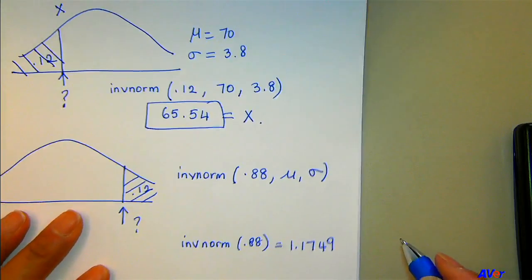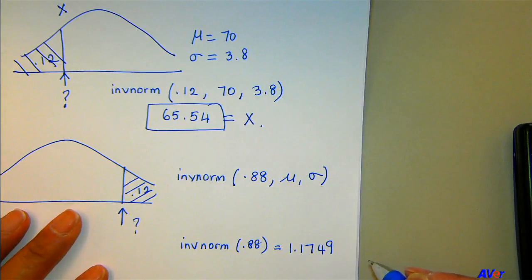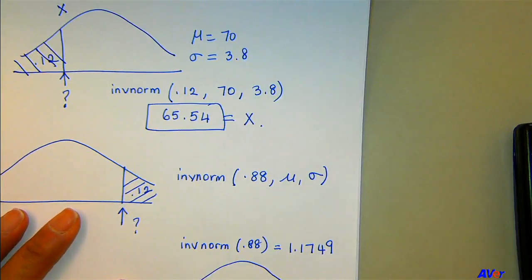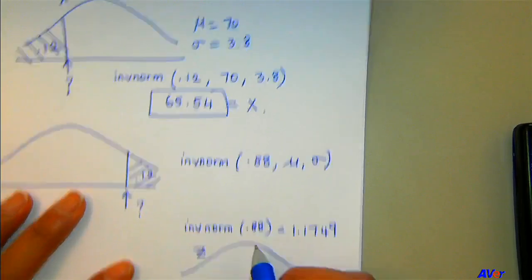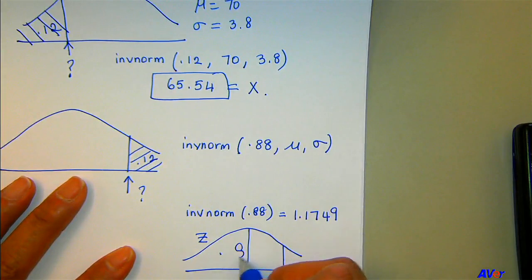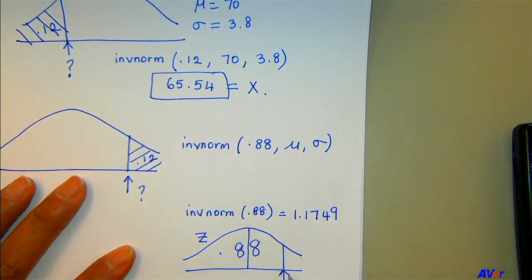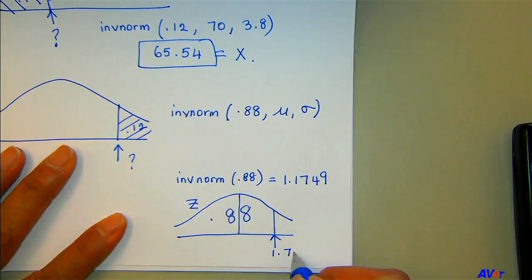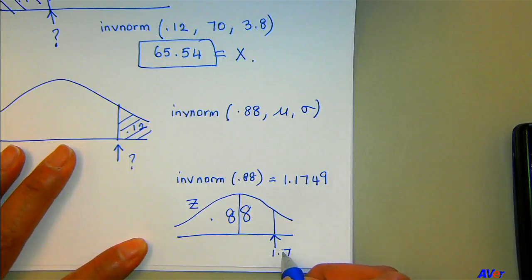So if you don't provide mu and sigma, it assumes that you're talking about the z curve. So it's saying on the z, if this is 0.88, then this would be 1.17. Am I sure it said 1.17? What did you get when you did it, guys?